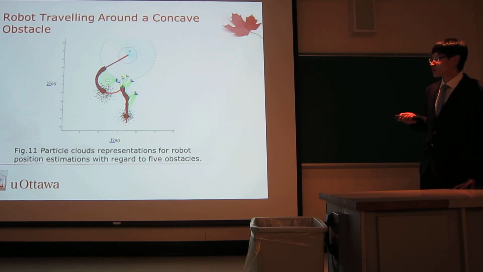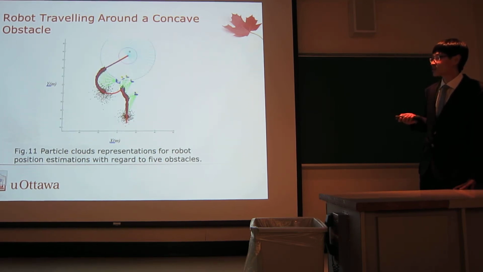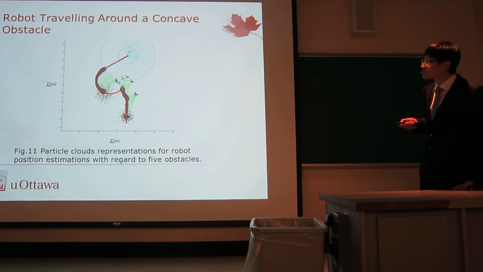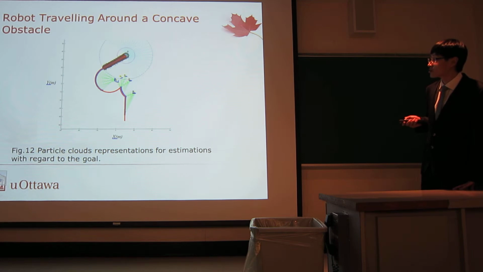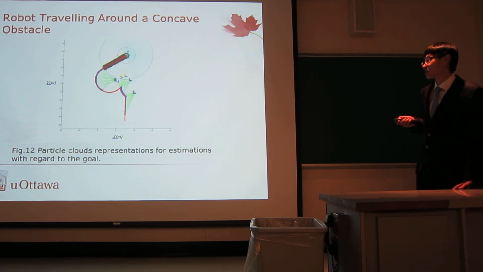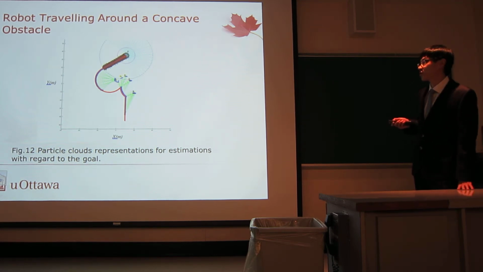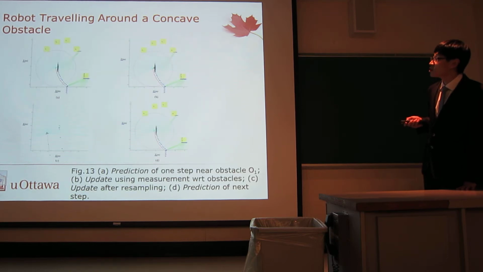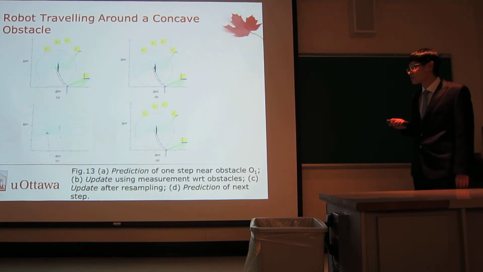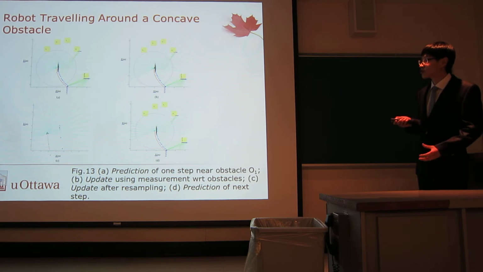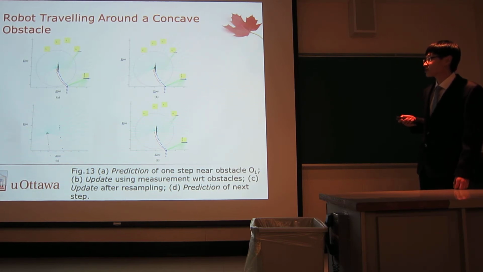This figure shows the particle cloud representation for the robot navigation. And this figure is a particle cloud representation for estimation with regard to the goal. And still, the same thing. Figure 13 shows the illustration of how the particle filter works.